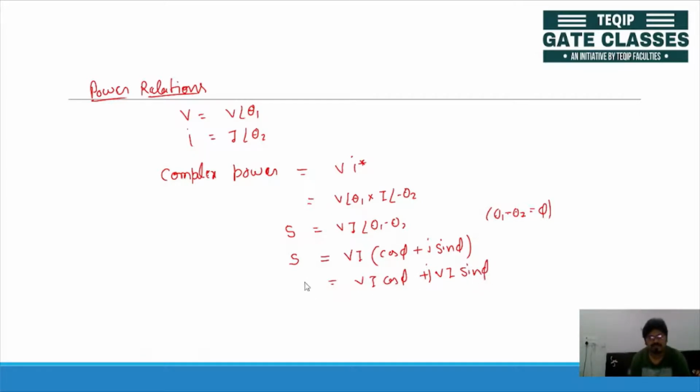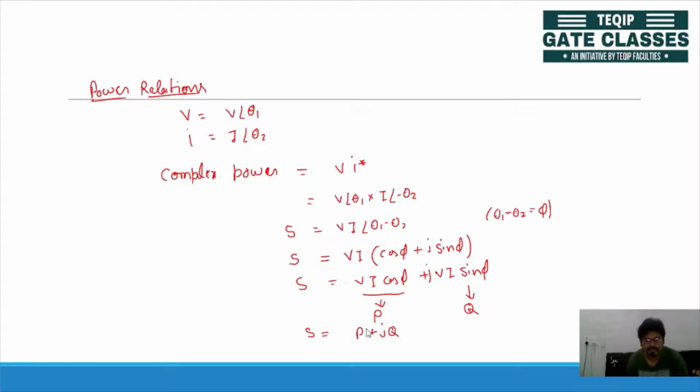Now we'll define the three powers. This term we call true power or active power, and we denote it by P, and we call this reactive power and we denote it as Q. So your complex power S is equal to P plus jQ.